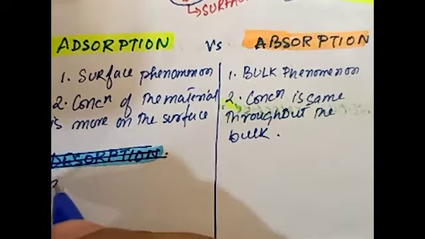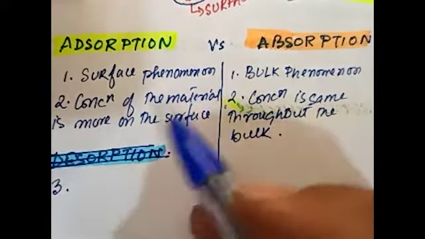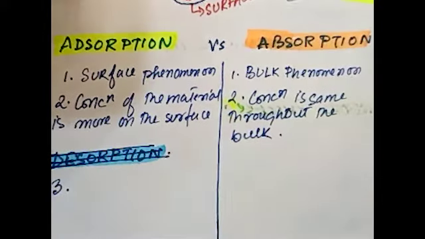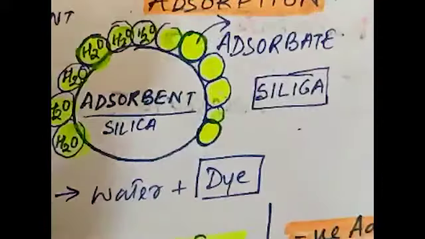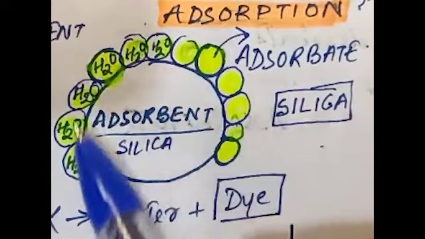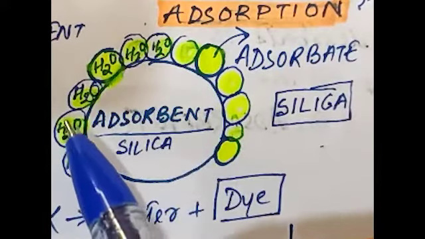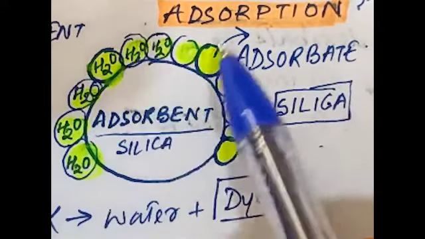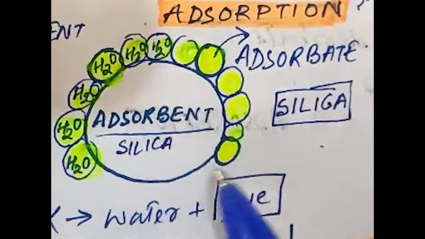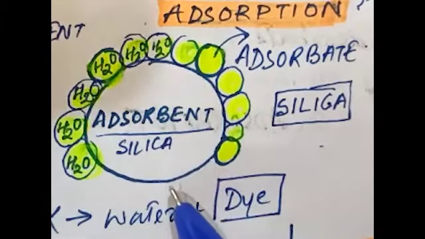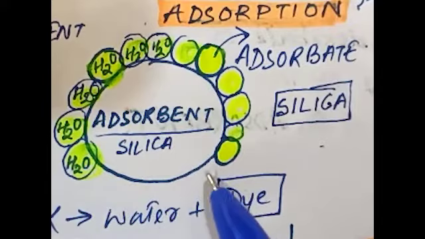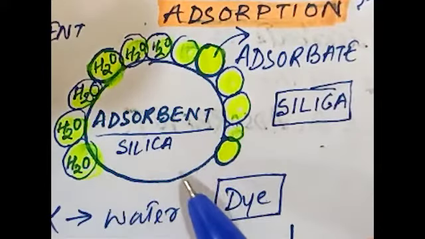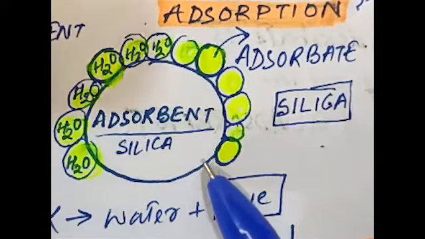Number 3. What happens when adsorption takes place? Initially, when adsorption starts, the particles get attached on the exposed surface area. As particles attach, there is less space left so that more water particles can get adsorbed.